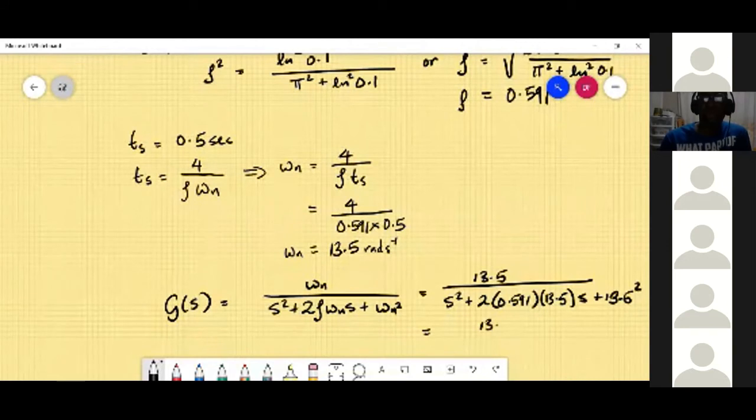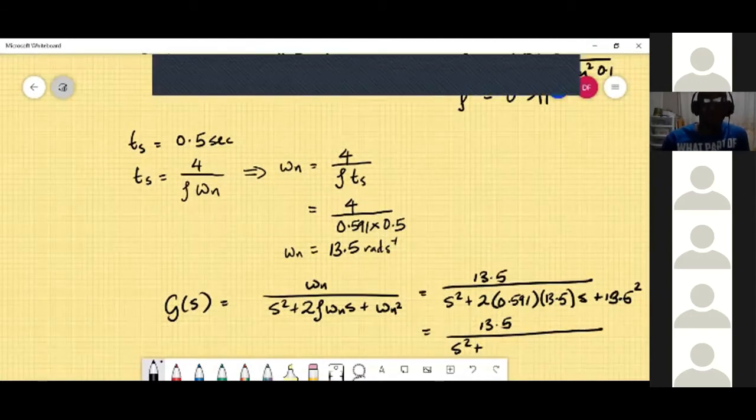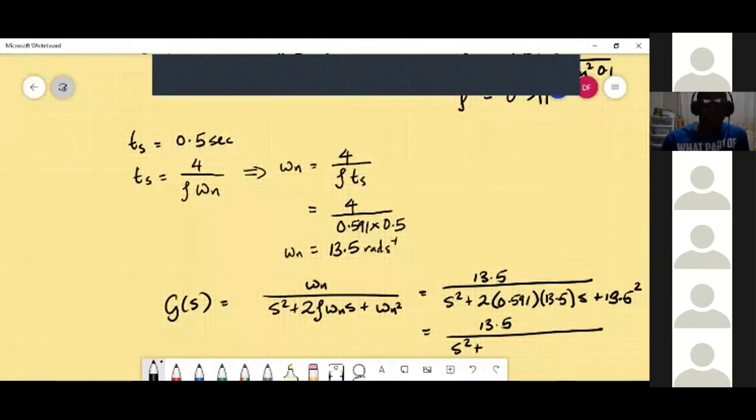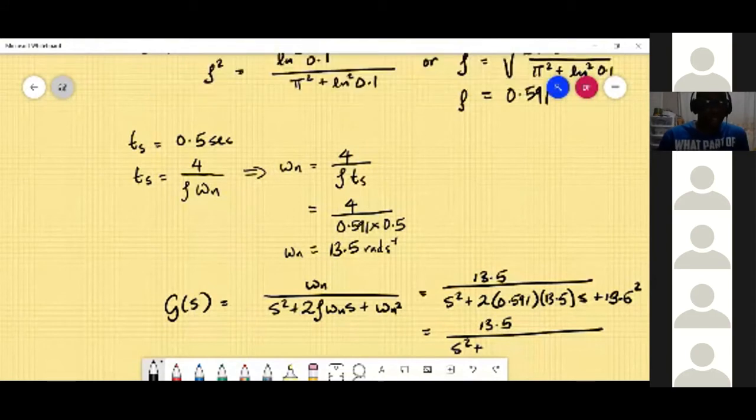That's 13.5 over s squared plus 2 times 0.591 times 13.5. Get 15.96. Now we work with 15.96. If we were in the office, we'd write that as 16.